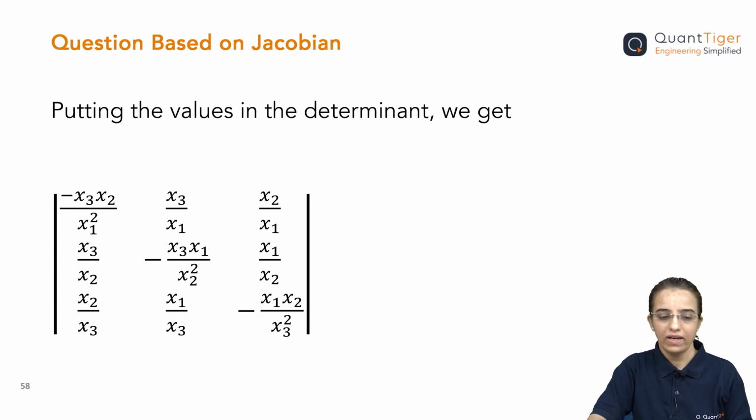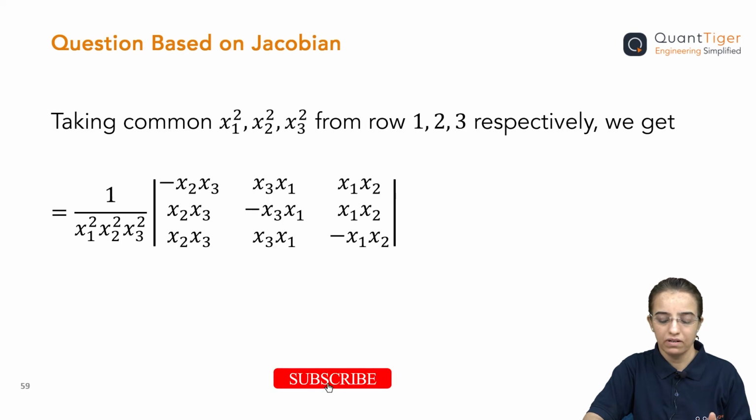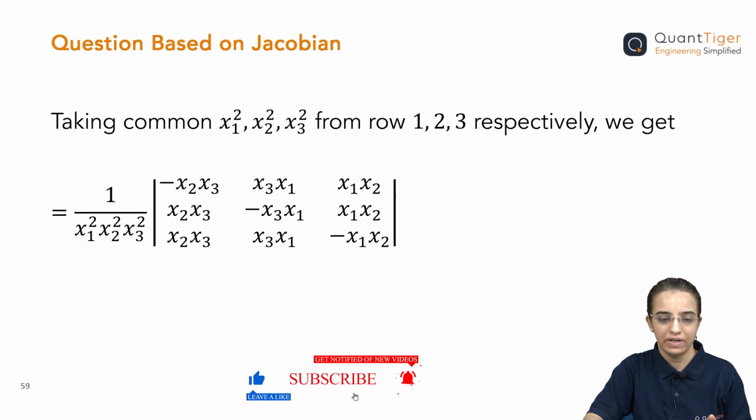After putting in all the values which we found in the Jacobian determinant, I will get this determinant in this form. Now I simply have to simplify this Jacobian by using the regular rule for determinants.